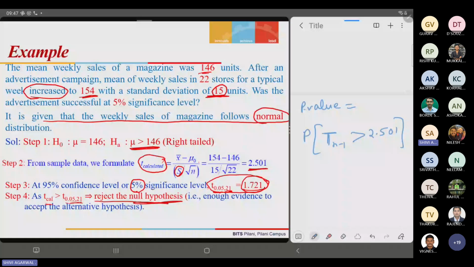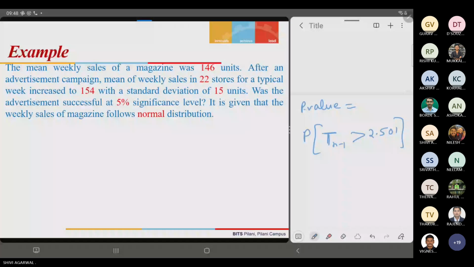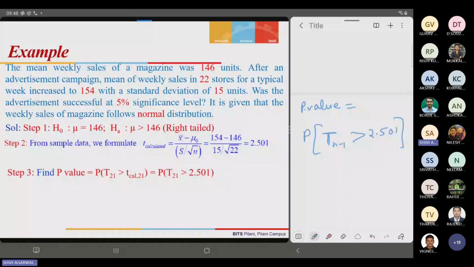Now by the t table, we can find out this value. So we can say t is greater than this t value. Okay? Now in the t table, it is not in a continuous form. Some points are given.